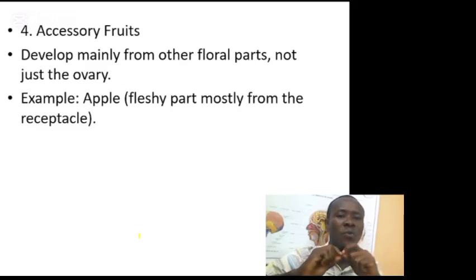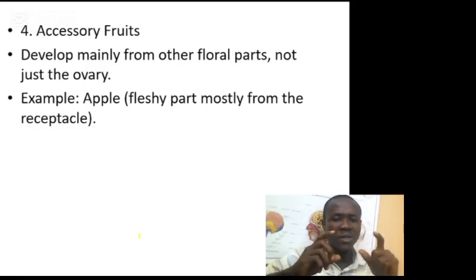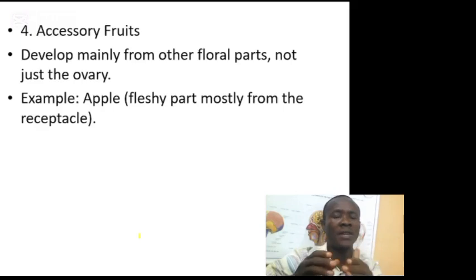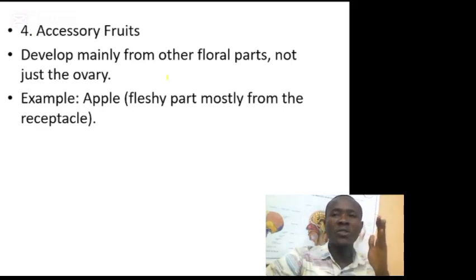They have that stick on which all of them are being fused. And the last type of fruit is the accessory fruit, which we don't discuss most often, but I'm just going to talk about it because most of these fruits that we have here are also part of pome, which we discuss under fleshy fruits when we are talking about simple fruits. So in here, part of the fruit is developing from the ovary, and part of it is developing from other parts other than the ovary.